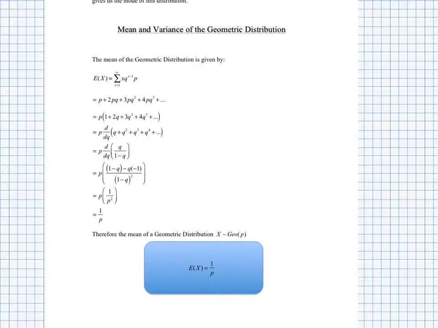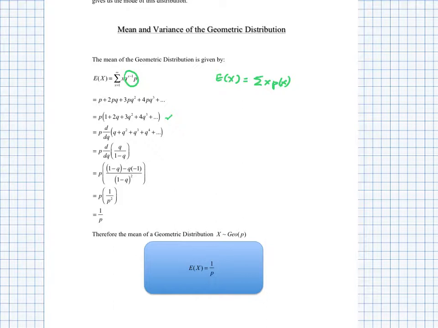Okay, we start the same way as we would do in order to find the mean of a random variable, which is essentially E(X) equals the sum of x p(x). That's how we start. As you can see, we have q to the x minus 1 times p, the distribution for geometric, and we find that we actually have a series here.